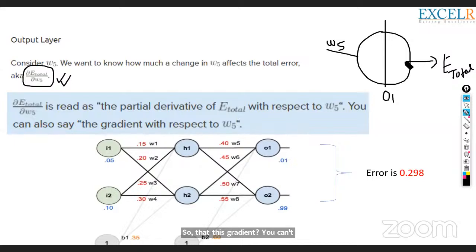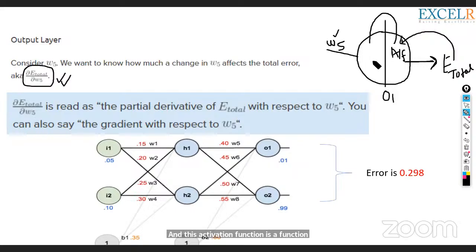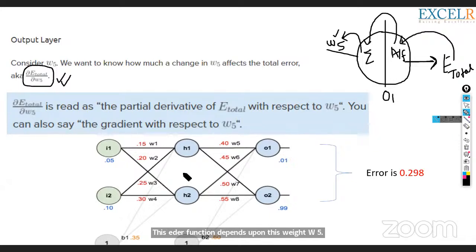The reason being, the total error is not a direct function of W5. Total error is a function of the activation function, and this activation function is a function of the adder function. This adder function depends upon weight W5. So to find this gradient, here comes the role of the chain rule of derivation.